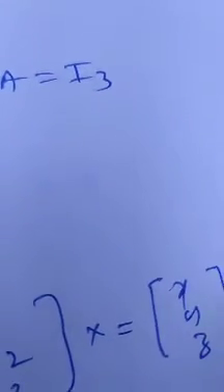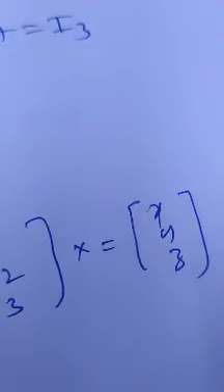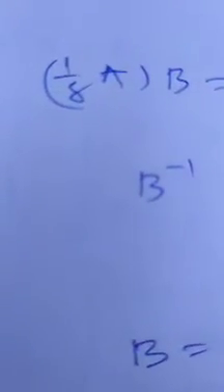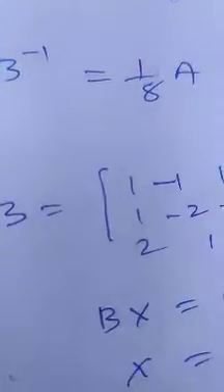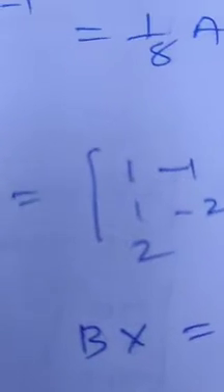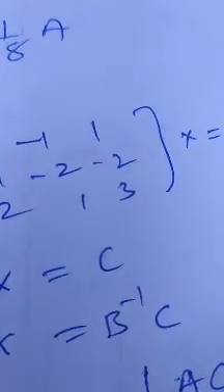And the constant matrix I am taking as C, 4, 9, 1. Okay. So BX equal to C, X is equal to B inverse into C. What is B inverse? 1 by 8 into A. So X is 1 by 8 into A into C.